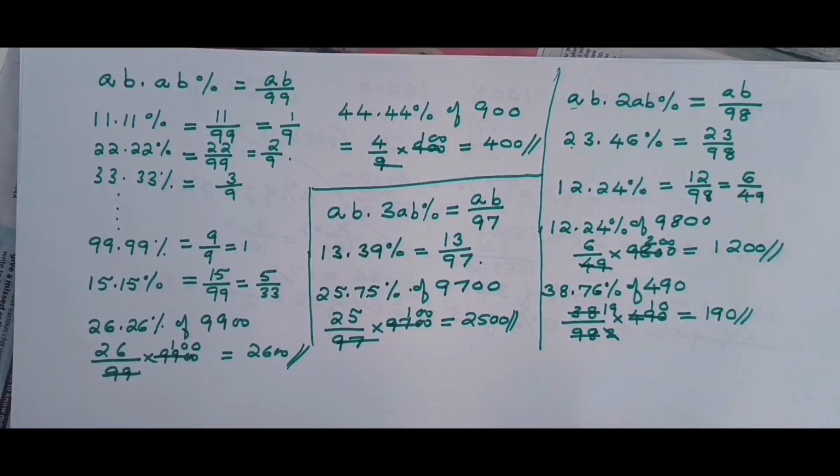See, I have taken you through different simplification tricks relating to percentage calculation. You can find out yourself many problems of this kind and do that, and then you can verify with your calculator to see whether you've done it correctly.